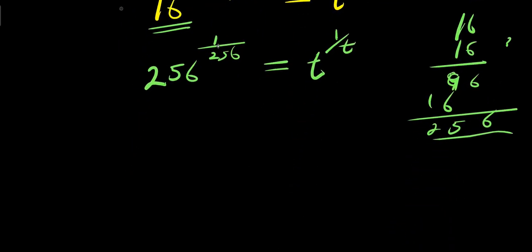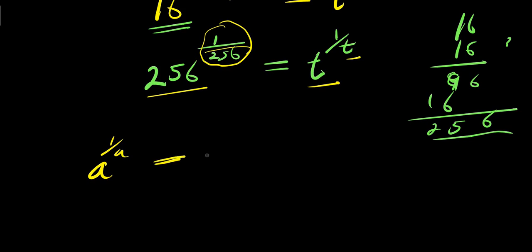So right now, we have 256 here, we have 256 here, we have t here, we have t here. Now look at this. If you have a power 1 over a, and this equals b power 1 over b, at this point, you can easily have 1 over a equals 1 over b.